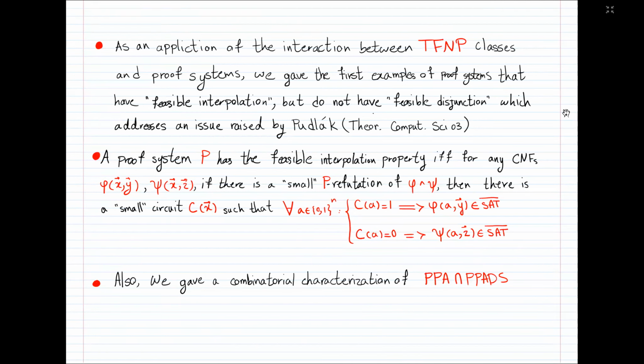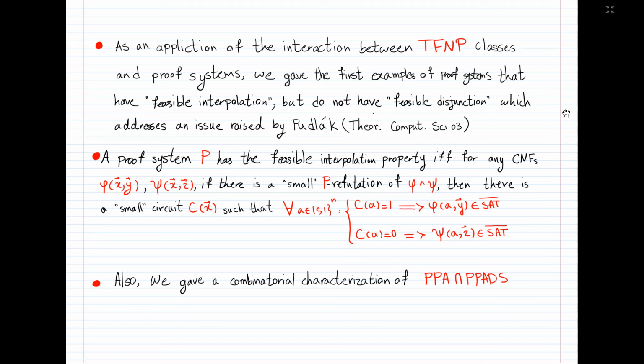Feasible interpolation and feasible disjunction are two structural properties of a proof system, and it is a natural question to ask whether these structural properties imply each other.